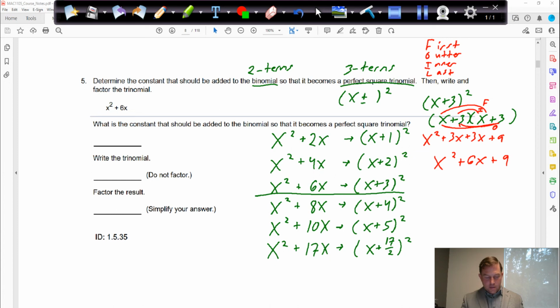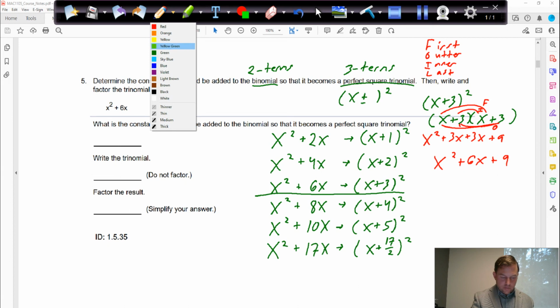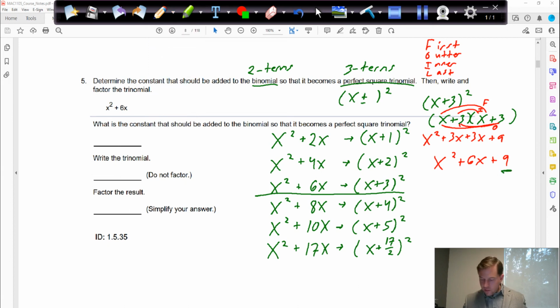If we look back at this original binomial, it did not have that 9. That 9 is extra. So we picked up an extra 9, where this did not have that. So to turn this binomial into a perfect trinomial, I just have to add 9. If I add this 9, then I can rewrite this whole thing as our perfect square trinomial, x plus 3 in parentheses squared.